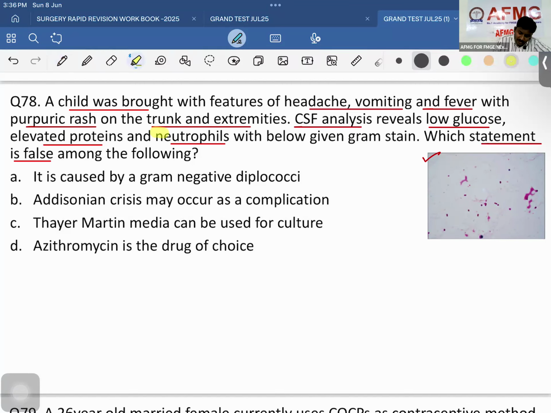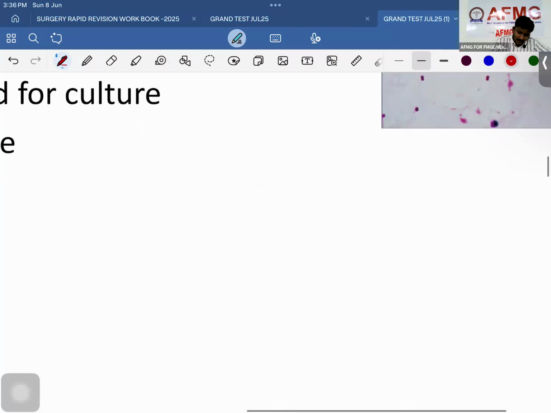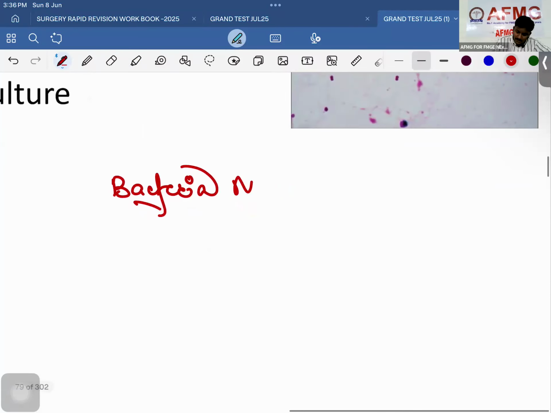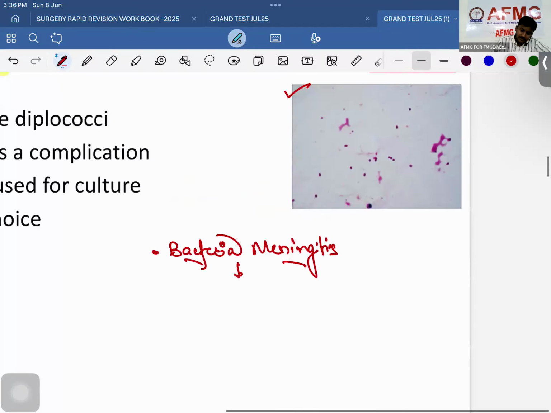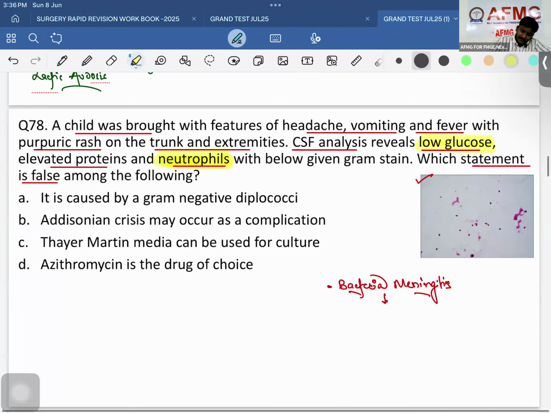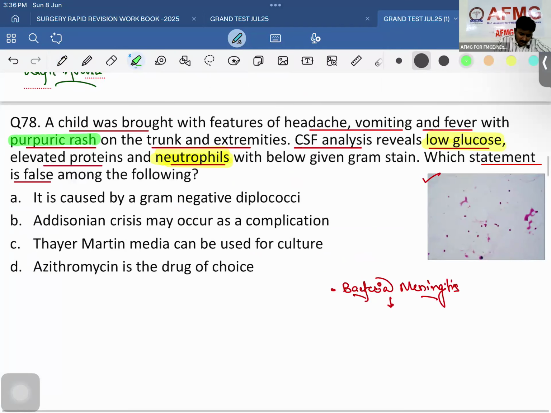So as they have mentioned, neutrophils are present along with low glucose. It has to be a diagnosis of acute bacterial meningitis, beta. Now, which bacterial meningitis is it? Very good. So remember, beta, it is a case of acute bacterial meningitis. But the bacteria responsible, beta, you can identify with the help of this purpuric rash.